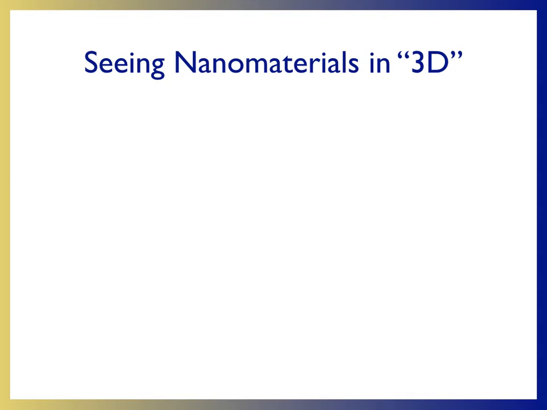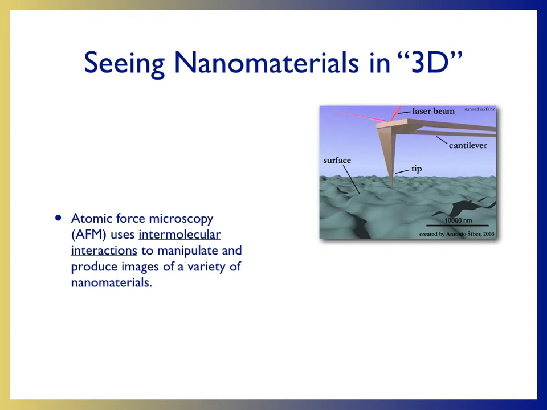The second type of microscopy can be used for any type of material. This type of microscopy is called atomic force microscopy. In AFM, we use a tip made of various materials brought very closely to a surface or a material of interest.